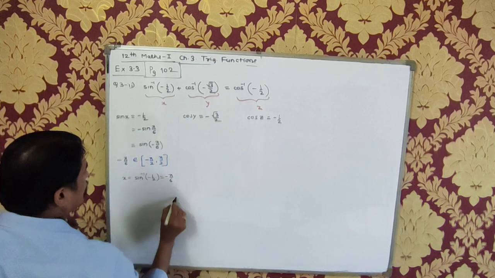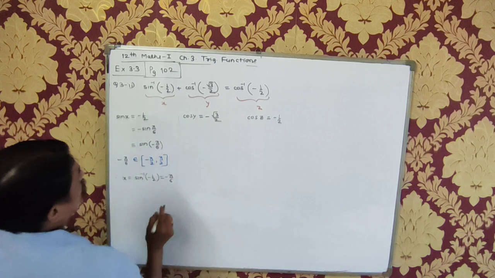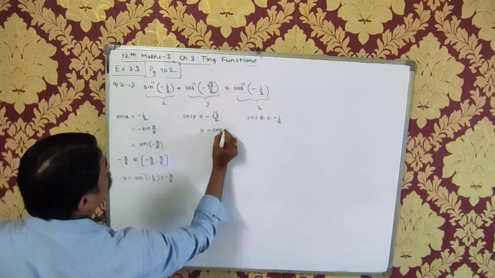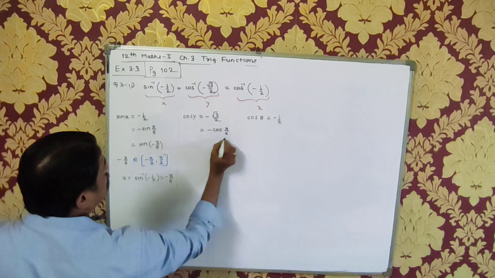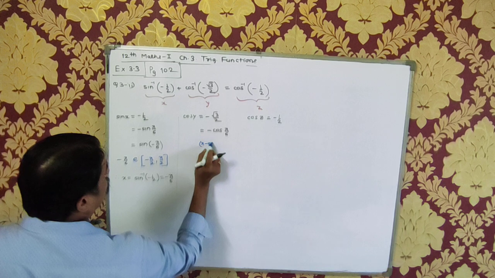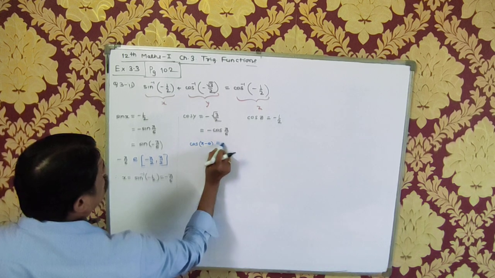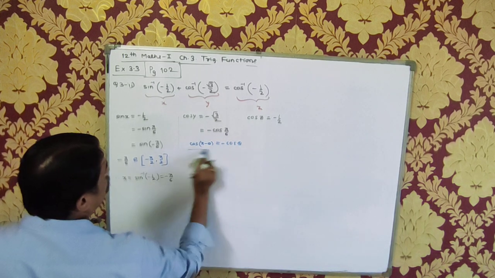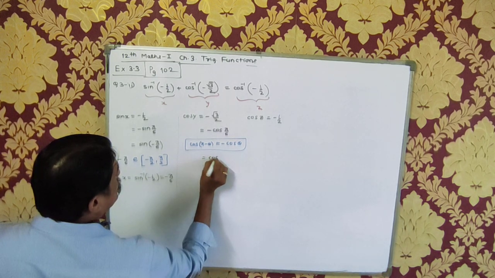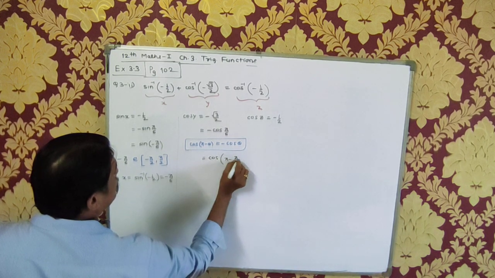First part is done. Second part now, cos y. This is minus cos of pi by 6. And use the formula cos of pi minus theta is equal to minus cos theta. So if I use this formula, this comes out to be cos of pi minus pi by 6.